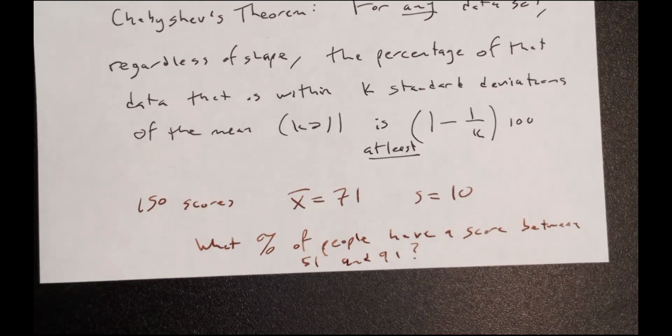Now, I didn't just pull 51 and 91 out of thin air. What is the z-score for 51?